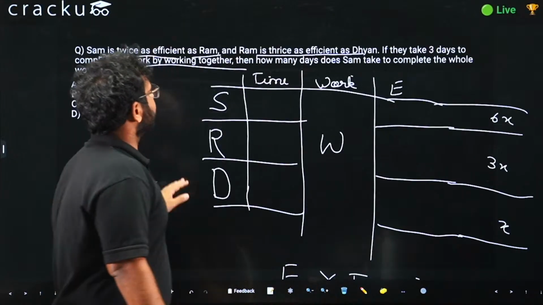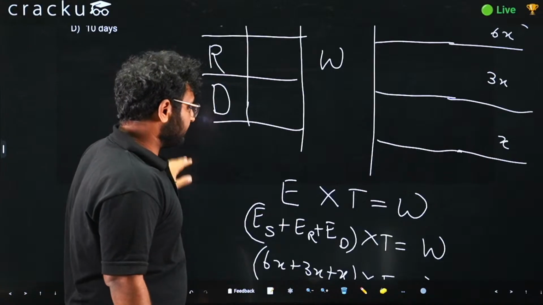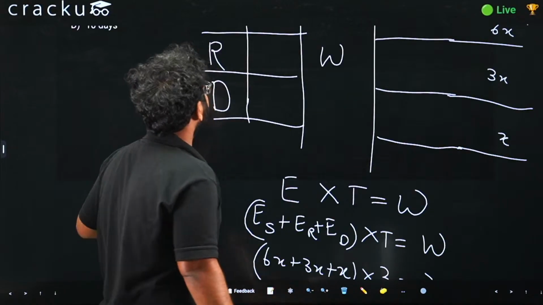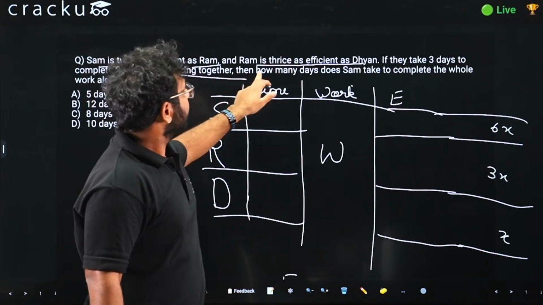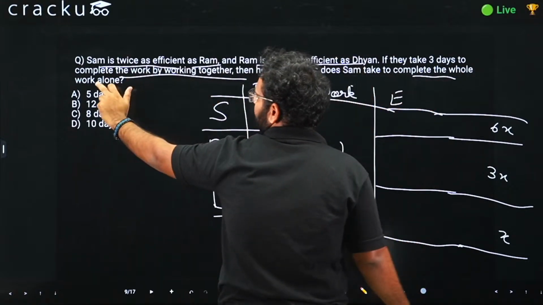Now what are they asking? If they take 3 days to complete the work, this t will be replaced by 3. And they are asking in how many days Sam takes to complete the whole work alone.